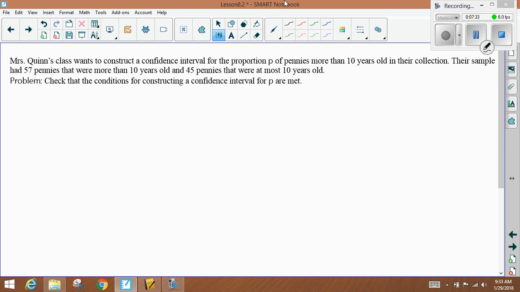Well, I guess we can assume it's a simple random sample. Okay. Assume an SRS of what size? 57 and 45. So 102.